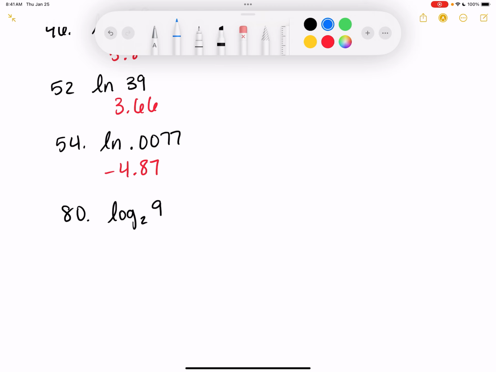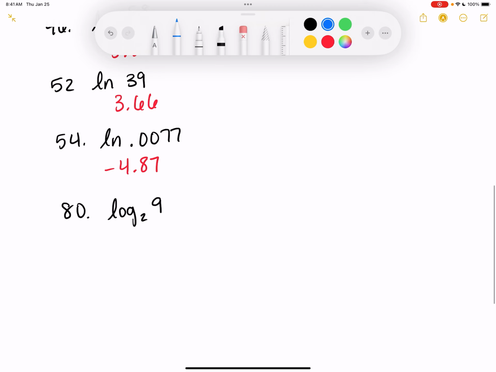So the change of base formula that you have in your notes is that whatever the number is here is getting written in the top, and then whatever the base is going on the bottom. So this is going to become log of 9 over log of 2.